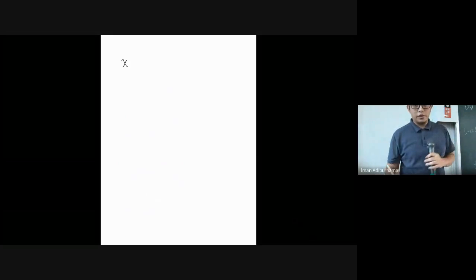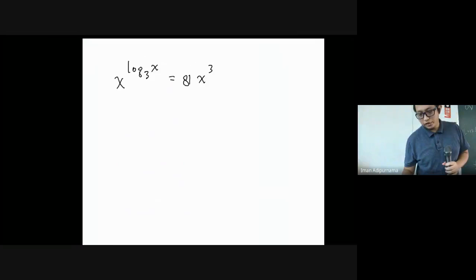Let's try to change the equation a little bit. Log, is 81.